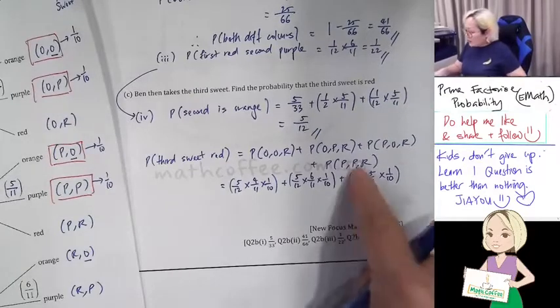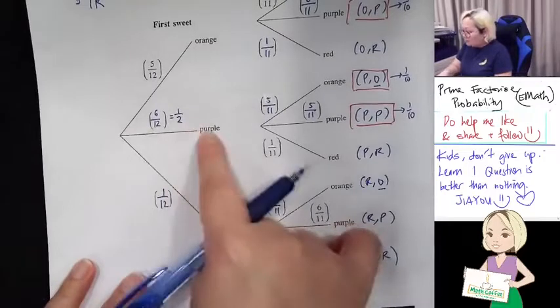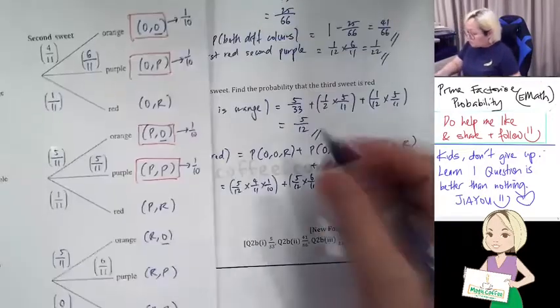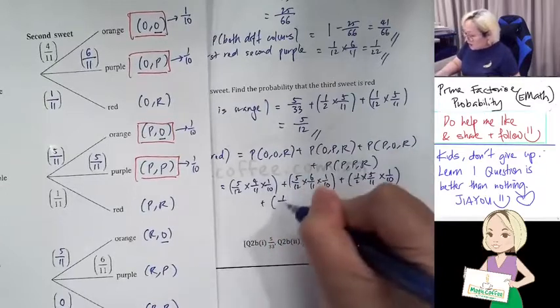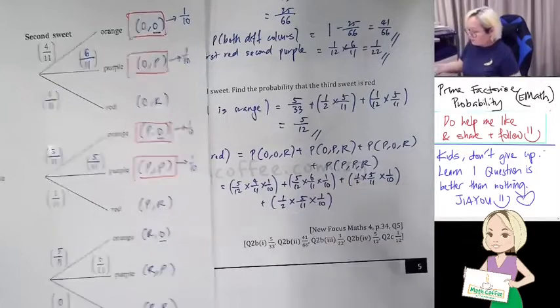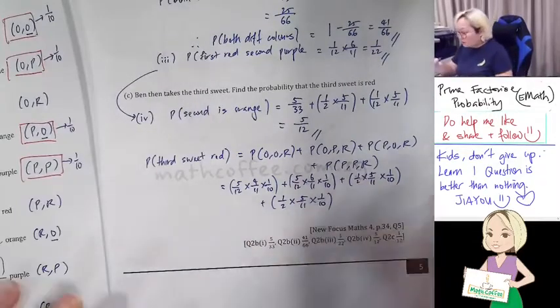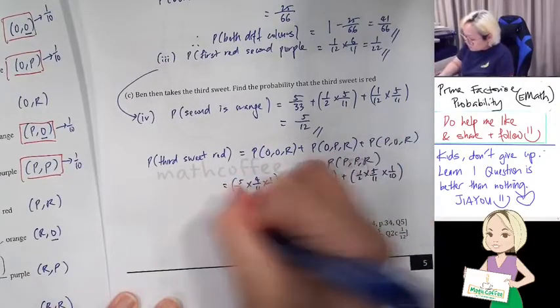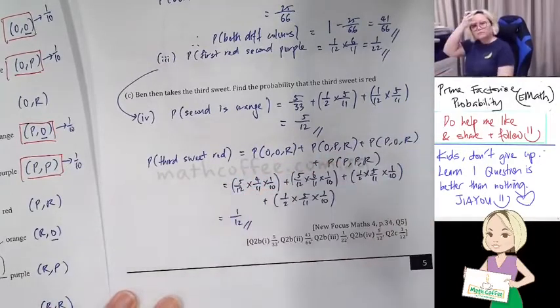And the last one is PPR. So PPR is here, half times 5 out of 11 times 1 out of 10. So it will be plus half times 5 out of 11 times 1 out of 10. Of course you press the calculator and you will get the answer 1 out of 12. Done.